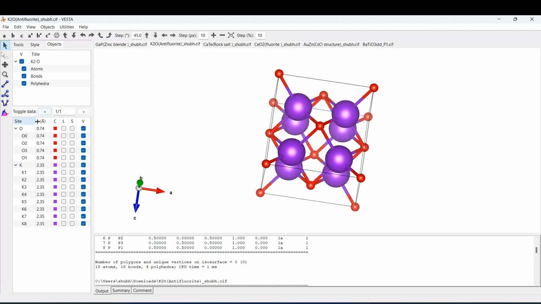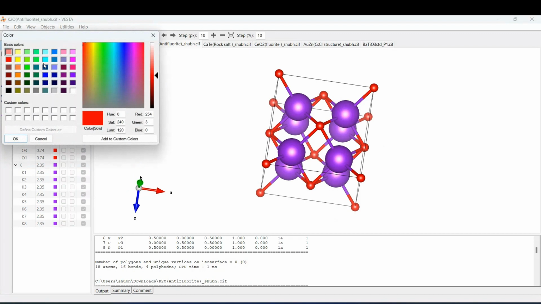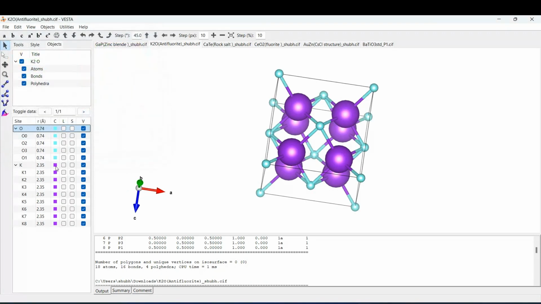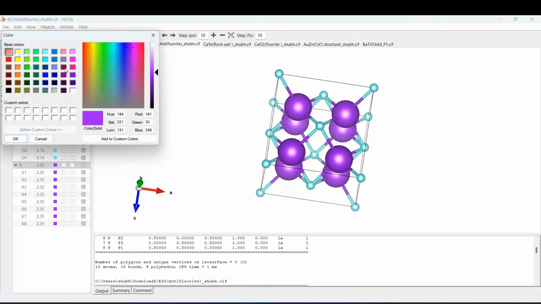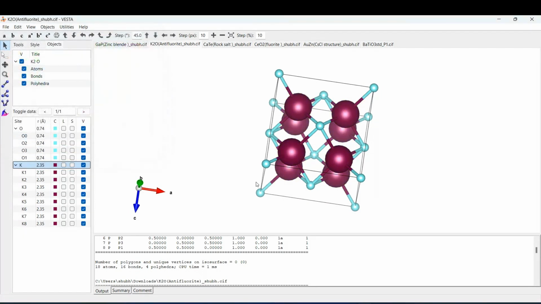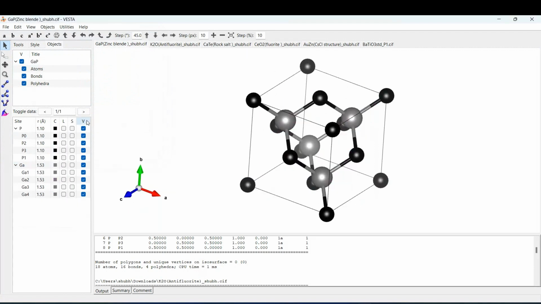Similarly, here we can change the oxygen to, let's say, blue, and potassium to, let's say, violet. We can similarly change the colors for better observation.